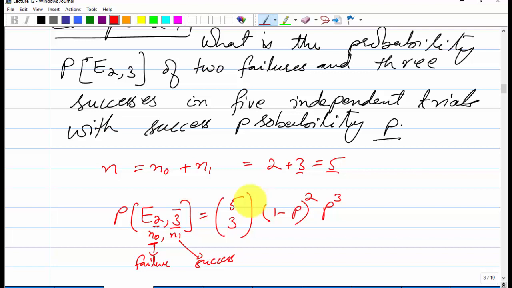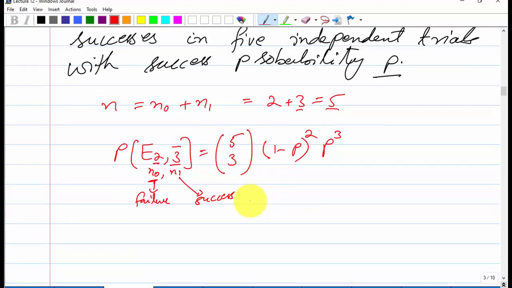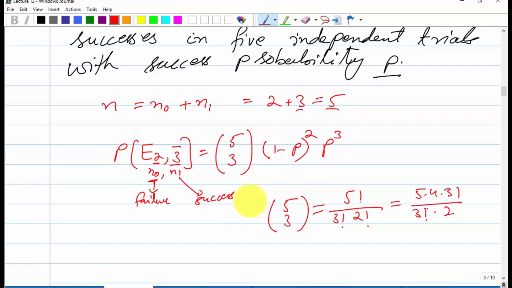If we put some number here, we will get some value out of this example. Obviously 5 choose 3 is 5 factorial divided by 3 factorial times 5 minus 3 factorial, which is 2 factorial. We can write it as 5 into 4 into 3 factorial divided by 3 factorial into 2. This cancels out, so this is 10.